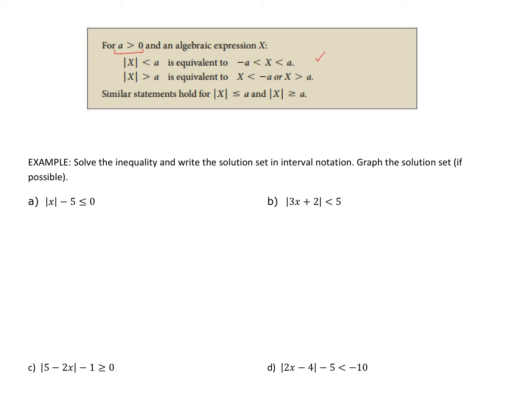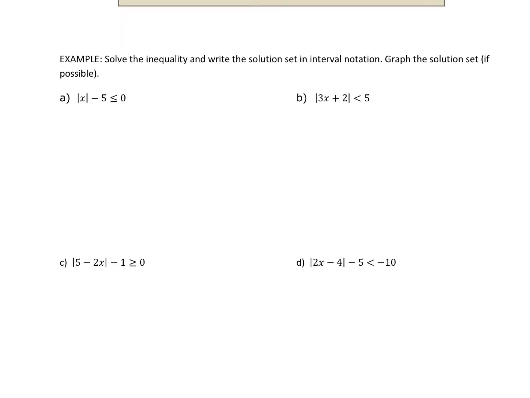If our absolute value is greater than, then that will break up as x is less than -a or x is greater than a. So basically, for the second piece, we're going to drop the absolute value and leave it exactly like it is. And for the other piece, we will drop the absolute value and make the number on the right negative. And of course, this holds for less than or equal to and greater than or equal to as well.